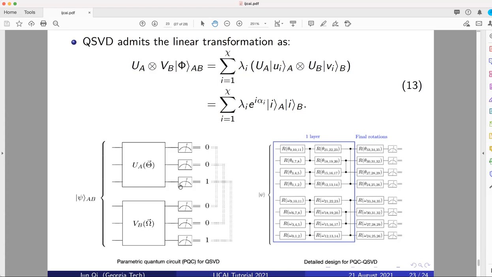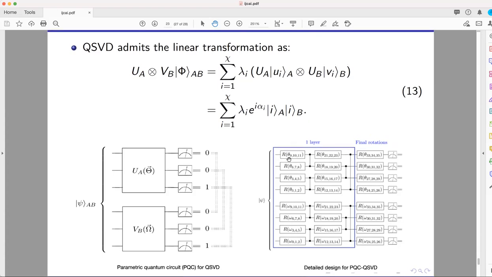In more detail, for each subsystem there are 4 channels. We can use many rotation gates to set up the parametric variational quantum circuit. Only one layer is shown in the picture here. In doing so, we can realize quantum SVD.